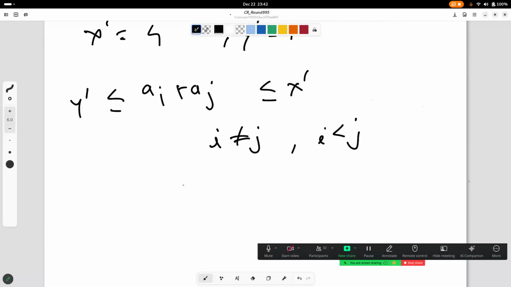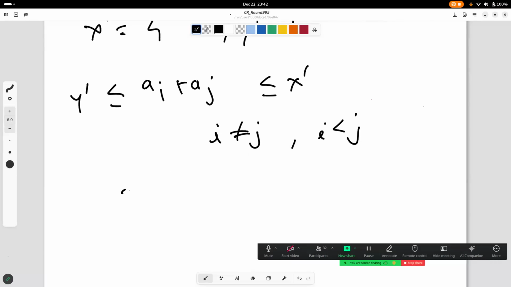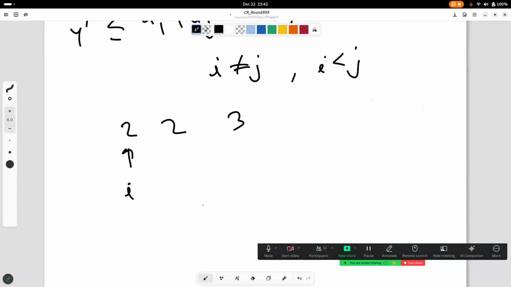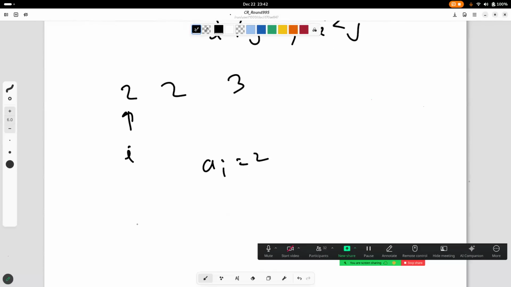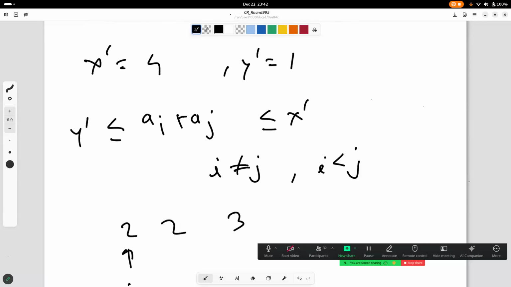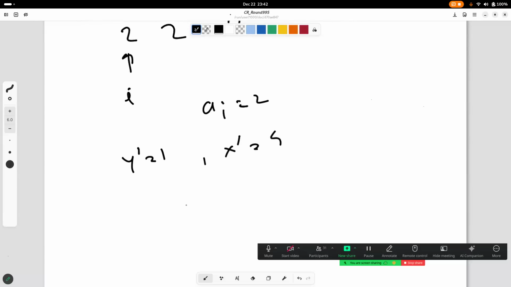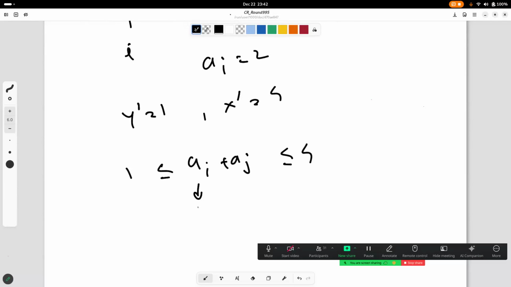And what we are doing over here is, let's say our array is 2, 2, and 3. Let's say we fix this i. Then our a[i] is 2, our y' is 1, and our x' is 4. So a[i] plus a[j] is greater than or equal to y' and less than or equal to x', and a[i] is equal to 2.